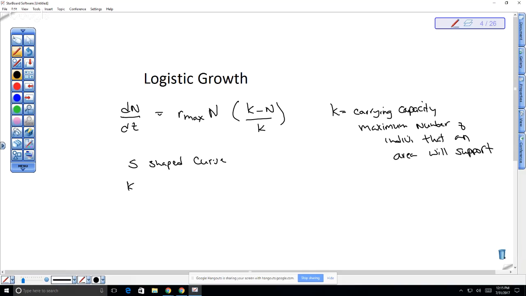And we also talk about K-selected species. Humans are a K-selected species rather than an R-selected species. And so this is where that K comes from, this logistic growth and the carrying capacity.